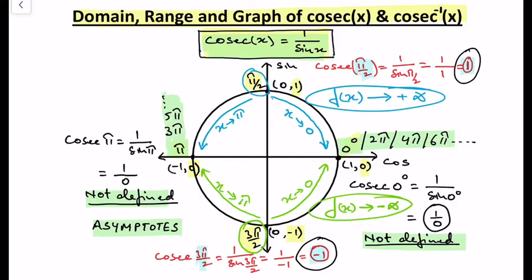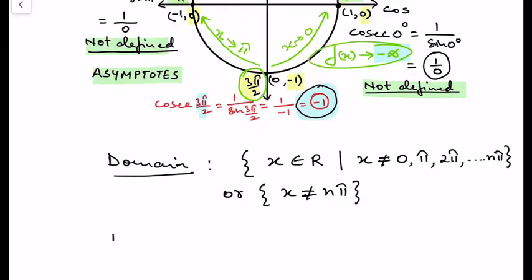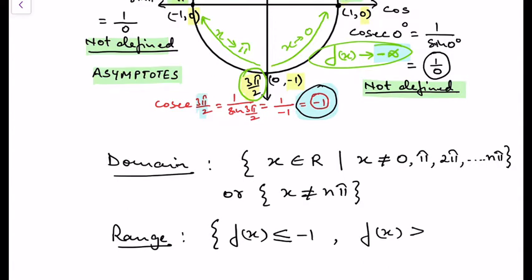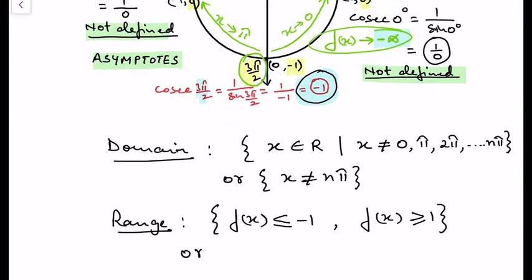So the range of the function cosec x is from minus infinity to minus 1 and then 1 to plus infinity. So the range is fx is less than or equal to minus 1 or fx is greater than or equal to 1, or minus infinity to minus 1 and then from 1 to plus infinity.